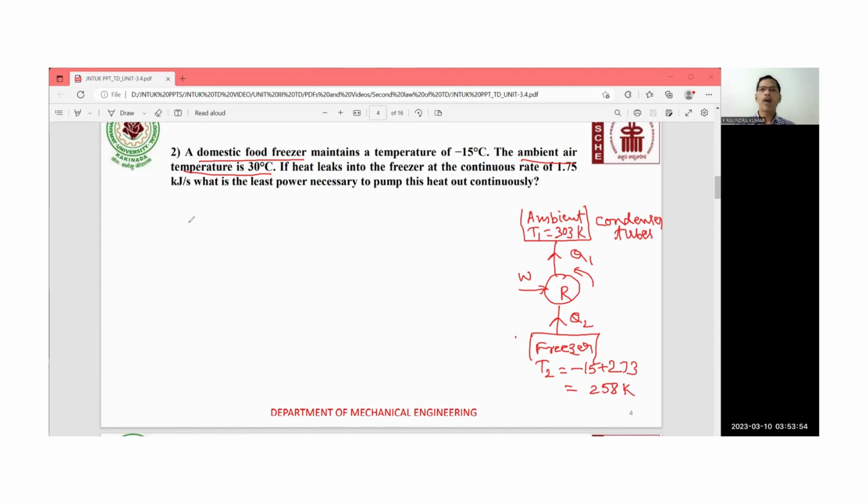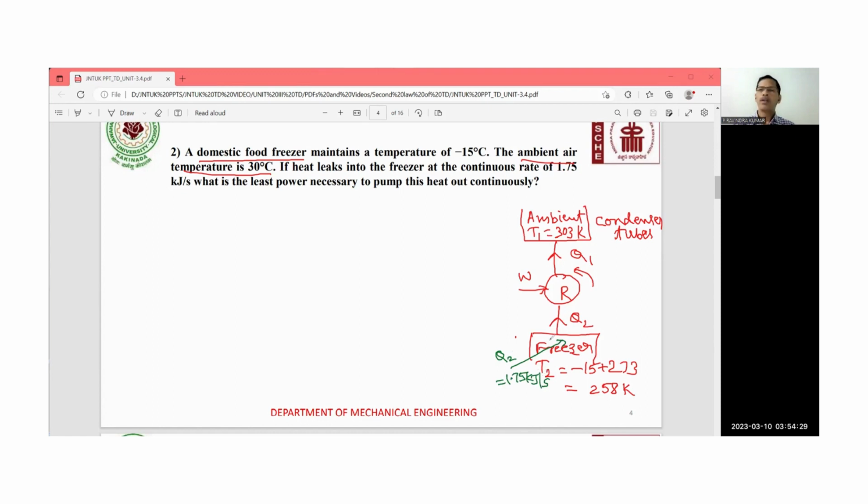Now, the basic fundamentals: heat leaks. This amount of heat leakage is Q2. The outside air enters the freezer at the rate of 1.75 kilojoule per second.